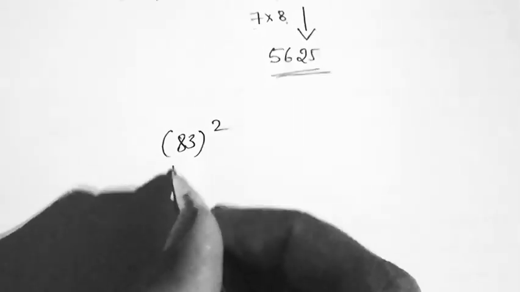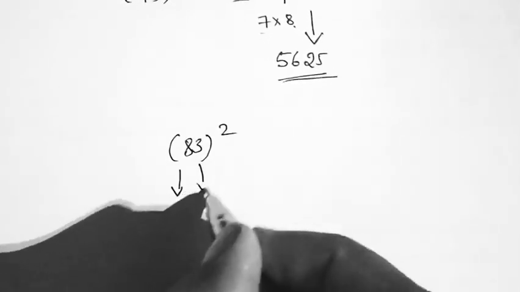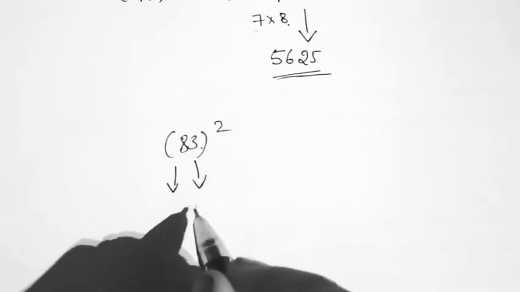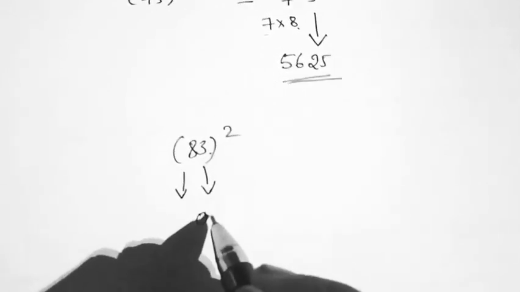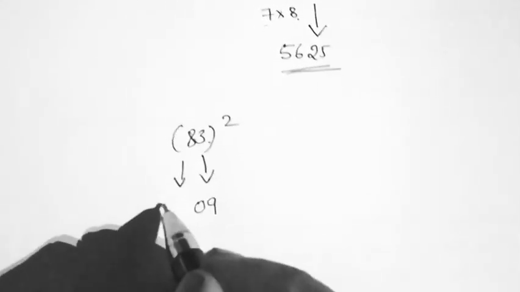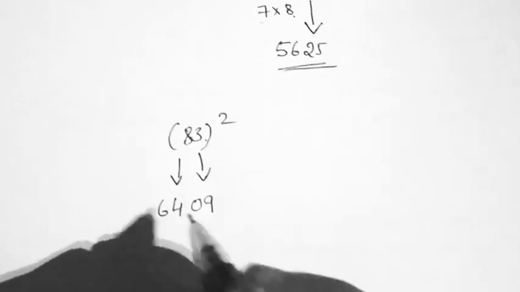Now we'll go with other numbers, not ending with 5, any different numbers. Example, we'll take 83. 83 square. How to do that? First thing, we'll take the square of each number. 3 squared we'll write as 09, and 8 squared is 64.